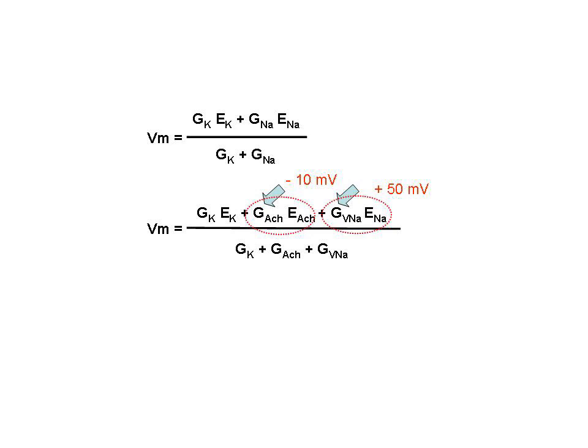GVNA is quite large in normal conditions, compared both to GACH and GK. However, if you accumulate acetylcholine in the synaptic cleft, the GACH will increase quite a bit and becomes comparable to GVNA. And this means that GVNA cannot depolarize the cell as much as it used to. So the membrane cannot be depolarized to plus 50 millivolts, to E sodium, anymore.